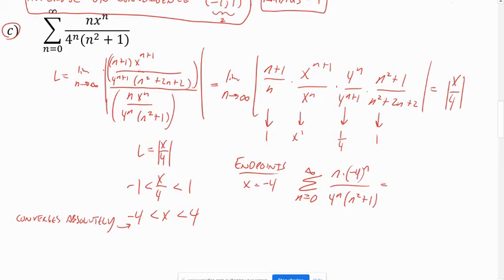So then, if we put -4 to the n over 4 to the n, that's the same as -1 to the n over n squared plus 1.